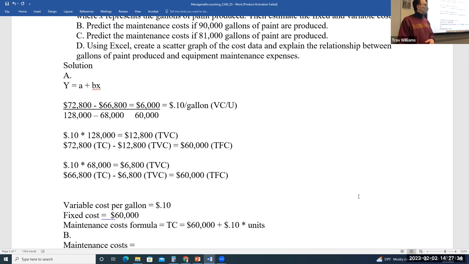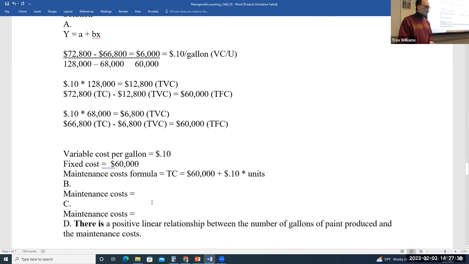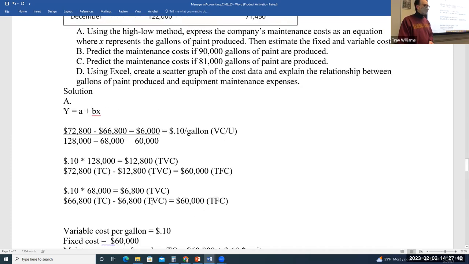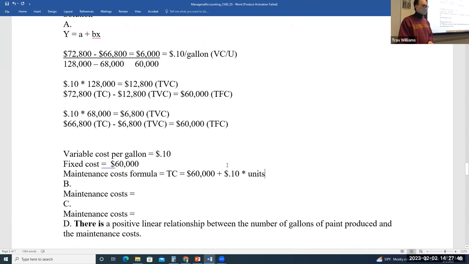We do have one of these in the problem set, so we'll come back to it one more time, but let's move on to part B here. Predict the maintenance costs if 90,000 gallons of paint are produced. Okay, so now we'll use this formula that we just made. If we produce 90,000 gallons of paint, are we going to have $60,000 of fixed costs?